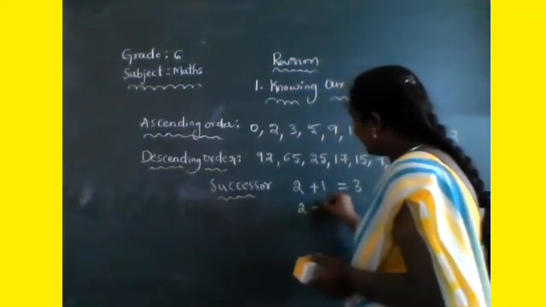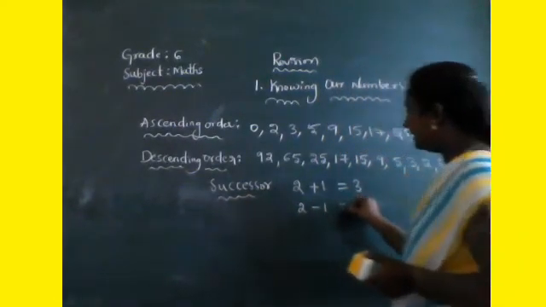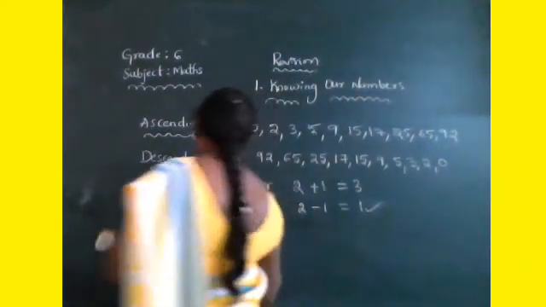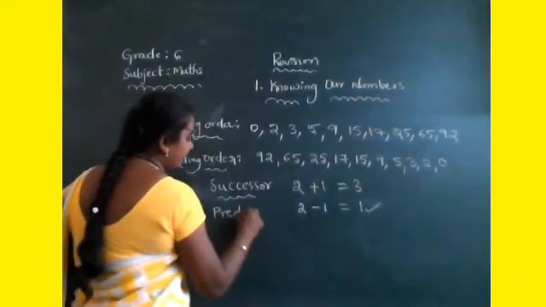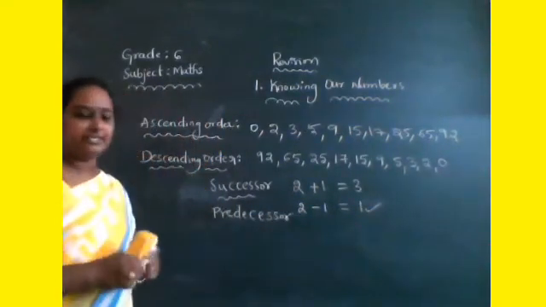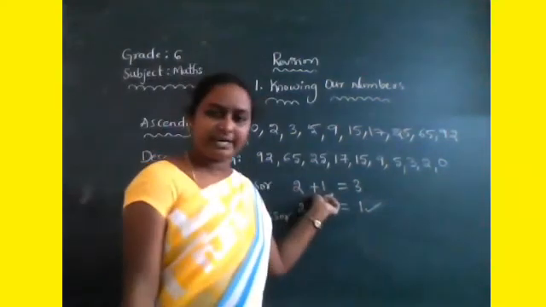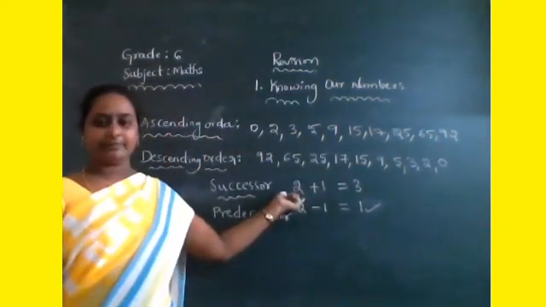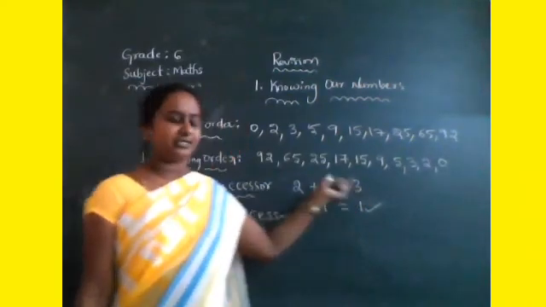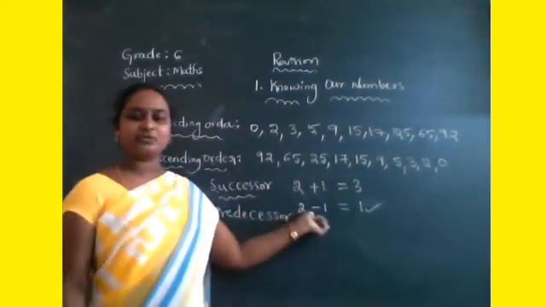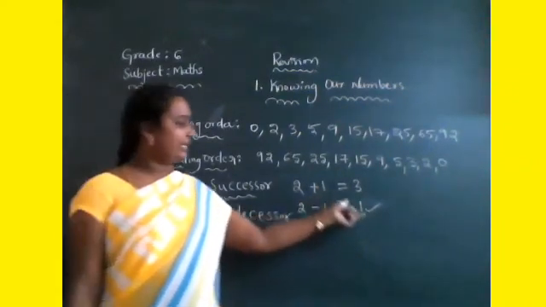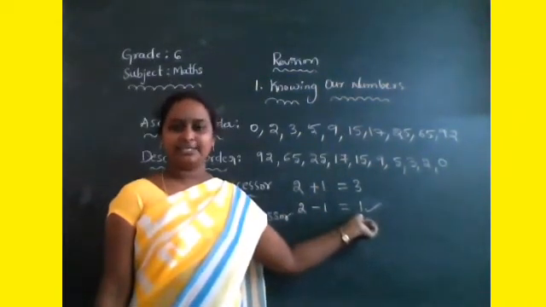If you subtract 1 from the given number, you will get its predecessor. Predecessor. Okay children? If you add 1 to the given number, you will get its successor. If you subtract 1 from the given number, you will get its predecessor.